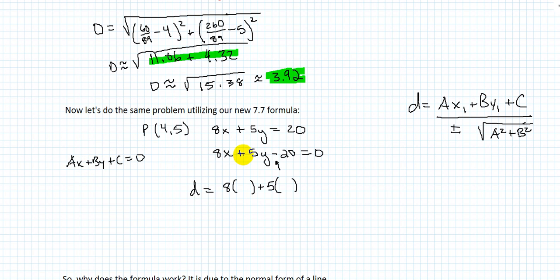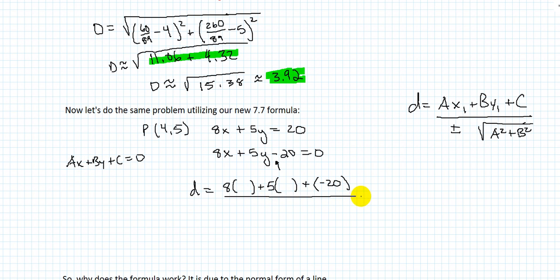So when you have a negative, the C is negative. So I'm going to write it like this. The book has minus 20 there, but it's really plus negative 20. And typically we just do that in our heads as we go.